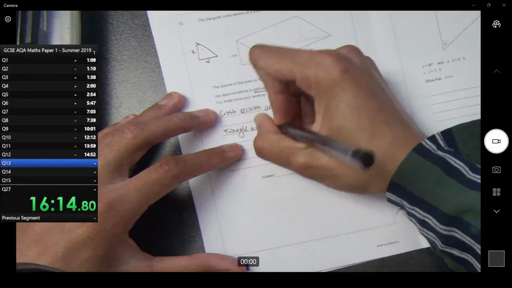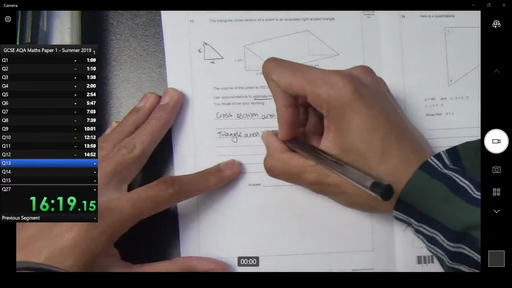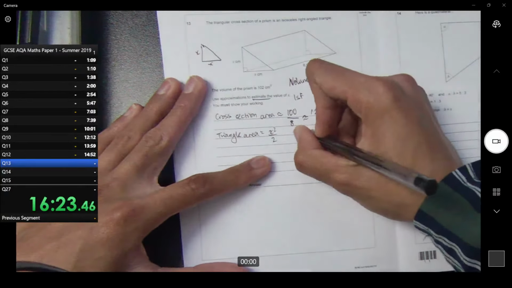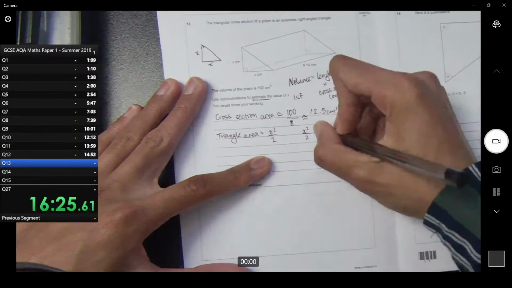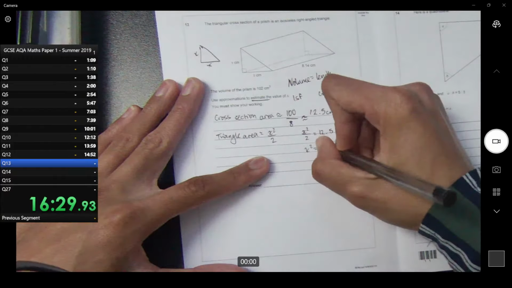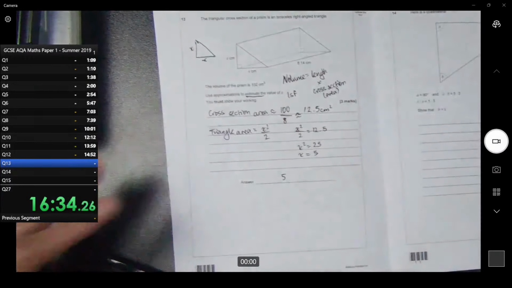Triangle area would be base times height, so x times x, or x squared divided by 2. So we set this equal to 12.5. Okay, so we estimate x to be 5.